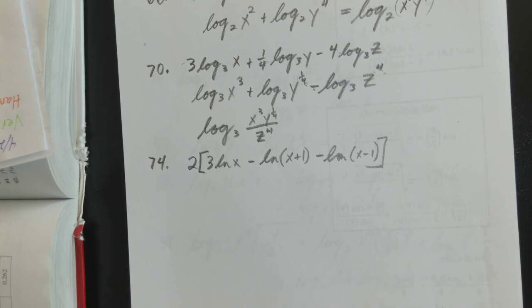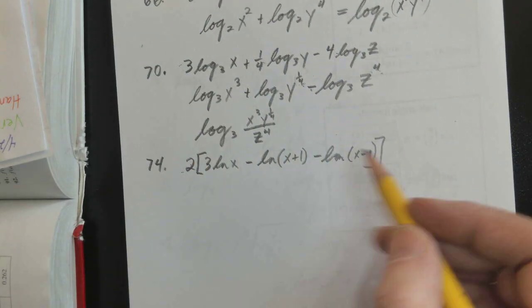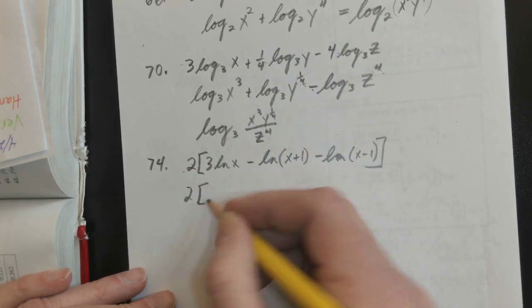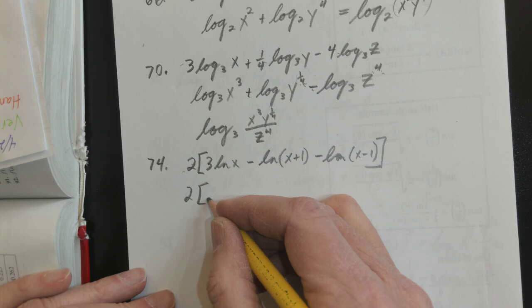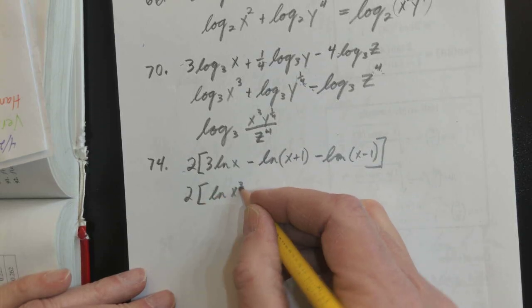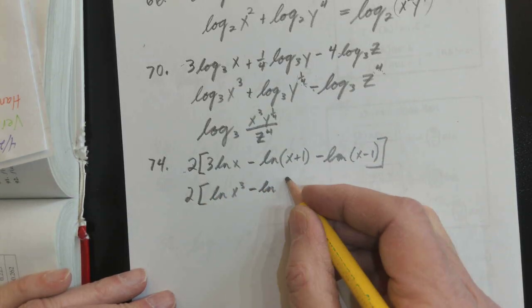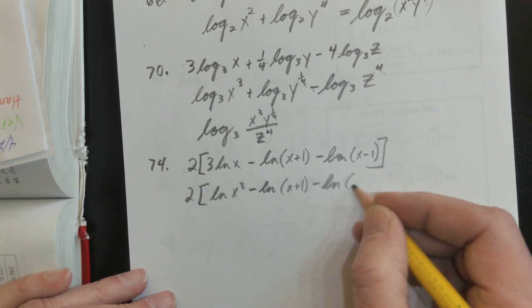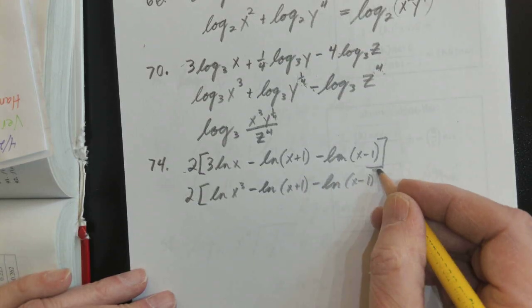Close the bracket. All right, this 2 will be last. Let's work inside the brackets first. Is everybody good that that's natural log of x cubed minus natural log of x plus 1? I didn't change much here. X minus 1.